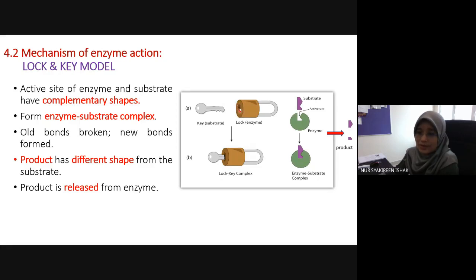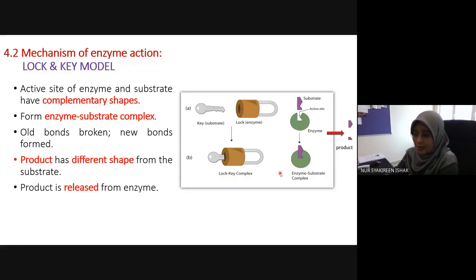This hole reflects the shape of the active site. So only a specific substrate that has a shape complementing the shape of the active site will enter the active site and bind to the enzyme and form the enzyme-substrate complex. Likewise, only the specific key will enter the hole of the lock to form the lock-key complex.